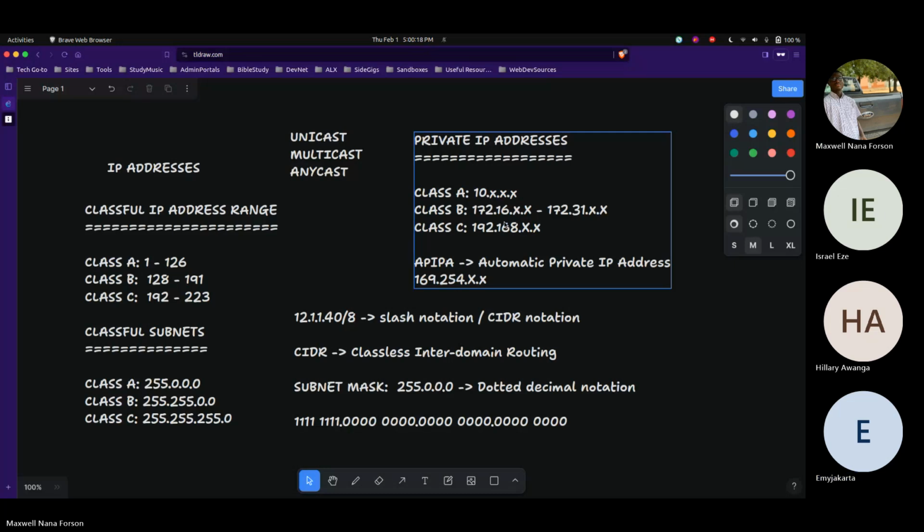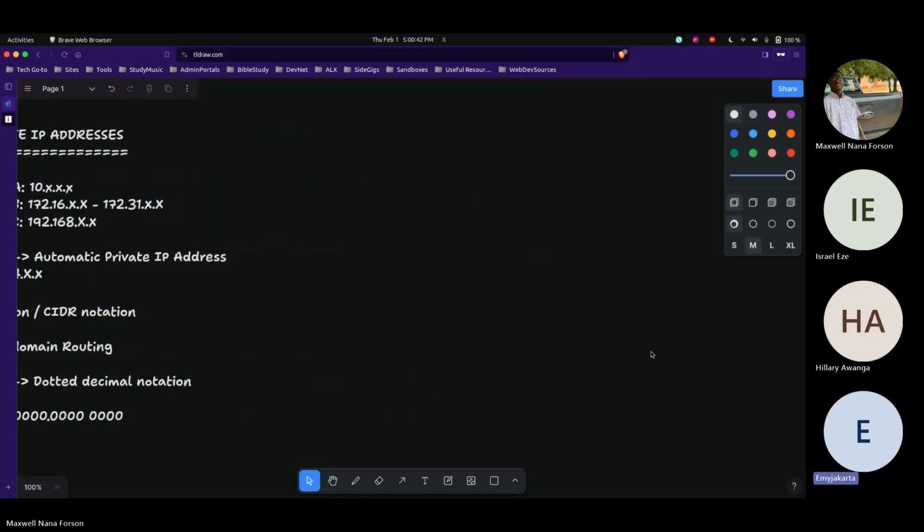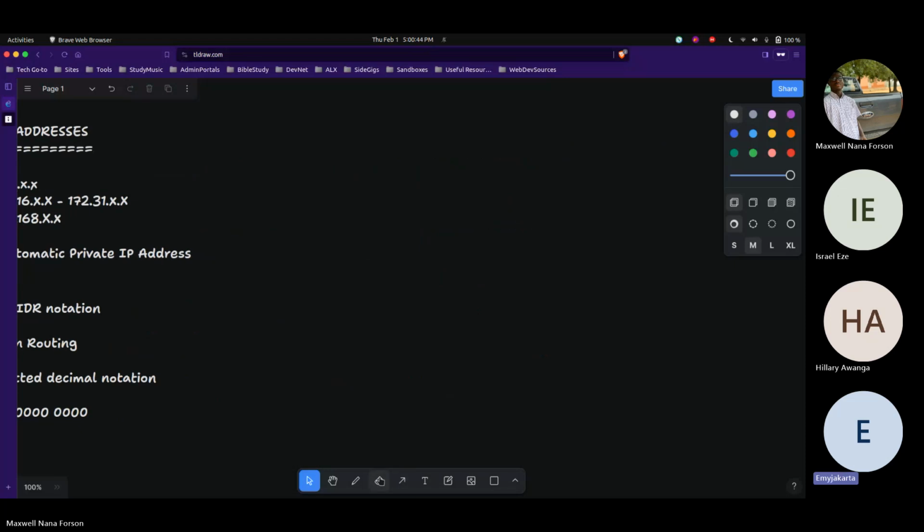I have a question. Okay, so now I have a private address. Let's say I'm using my system and it has data. I bought data and I'm using it to work. Now I decide to connect my phone to the data on my system through Wi-Fi.